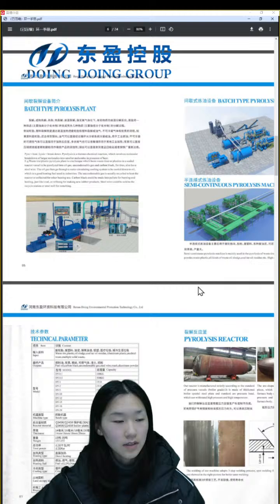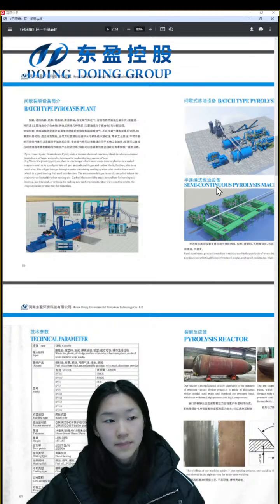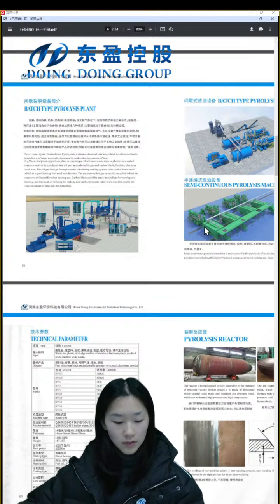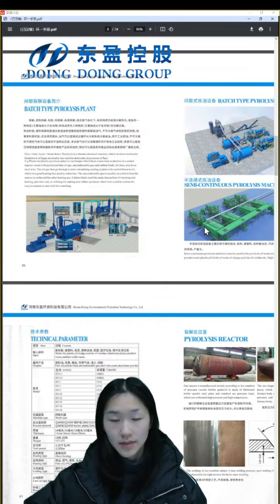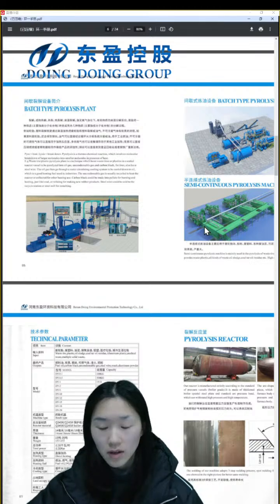This is our semi-continuous pyrolysis machine. For many customers, they want a high efficiency machine. So in general, they choose our semi-continuous machine.